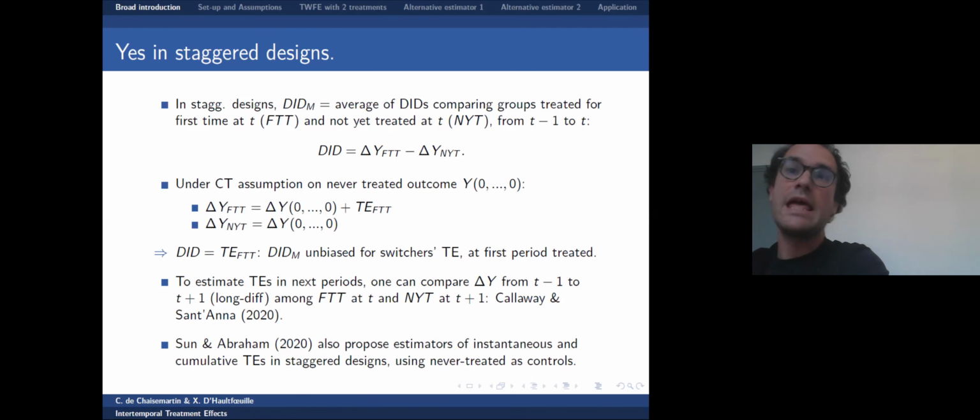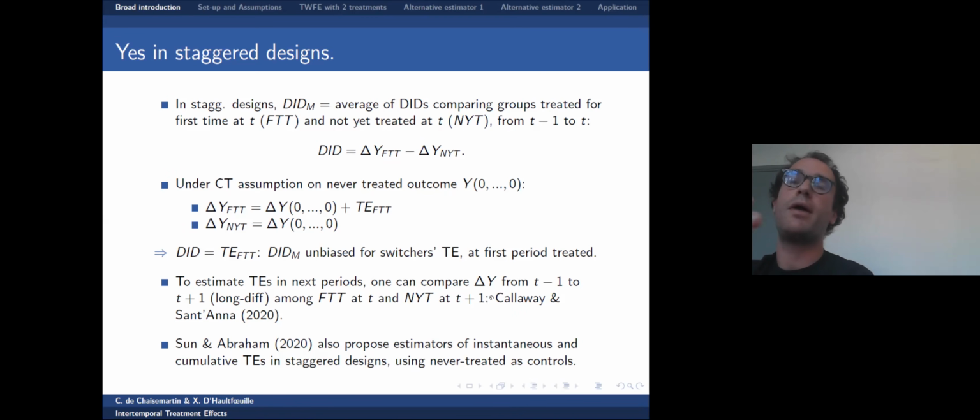Now, this estimator only estimates the treatment effect at the time when switchers switch, and to estimate the treatment effects in the next period, you can compare the outcome evolution of the first time treated and the not yet treated, not from t-1 to t, but say from t-1 to t+1, t-1 to t+2, etc., long differences to look at treatment effects further out.